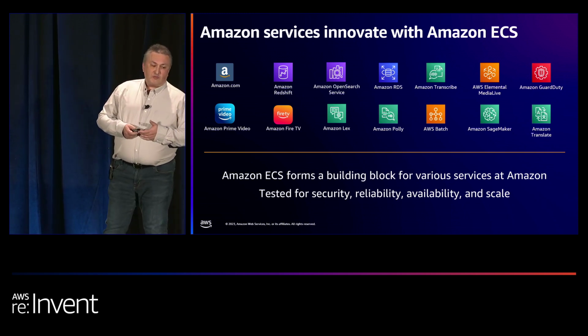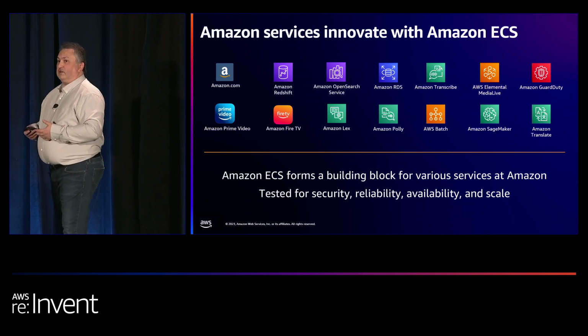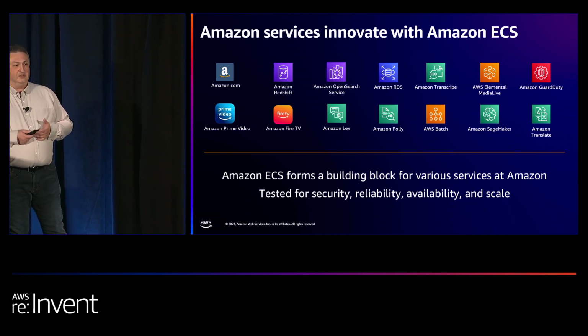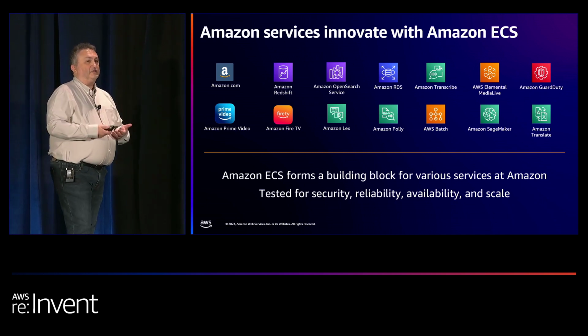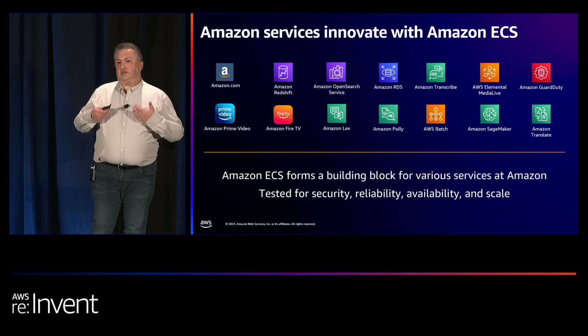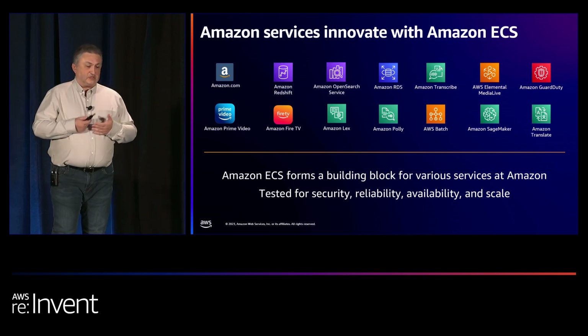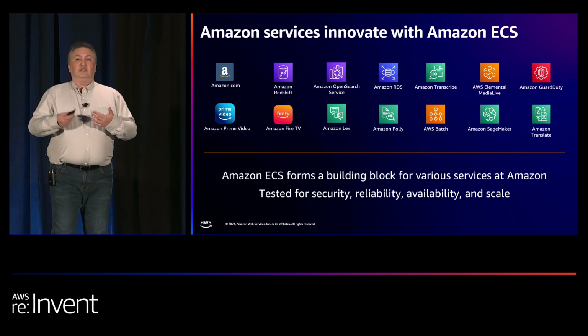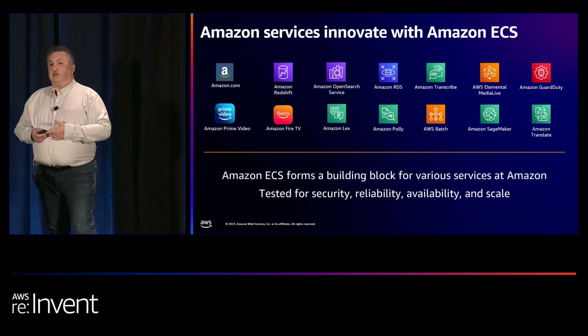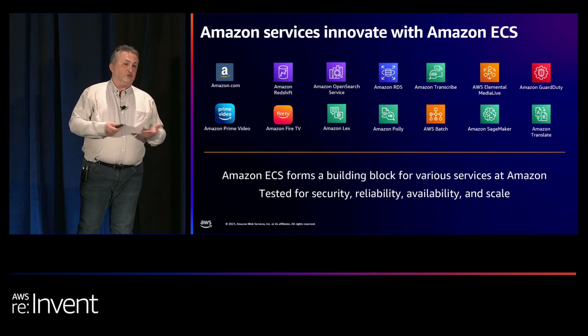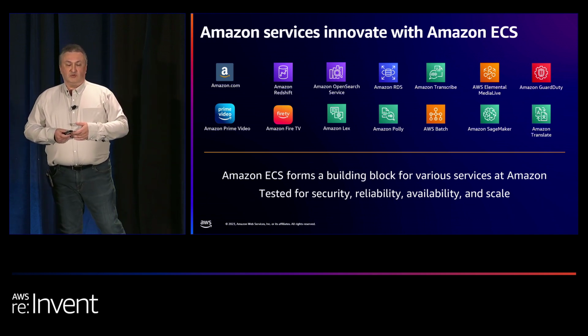Amazon.com, Prime Video, Fire TV, they all run workloads on ECS. And that drives the ECS team to build high availability, high resilience, and security, and build up to a scale that needs to serve Amazon workloads. And you, our customers, get the benefit of doing that work.